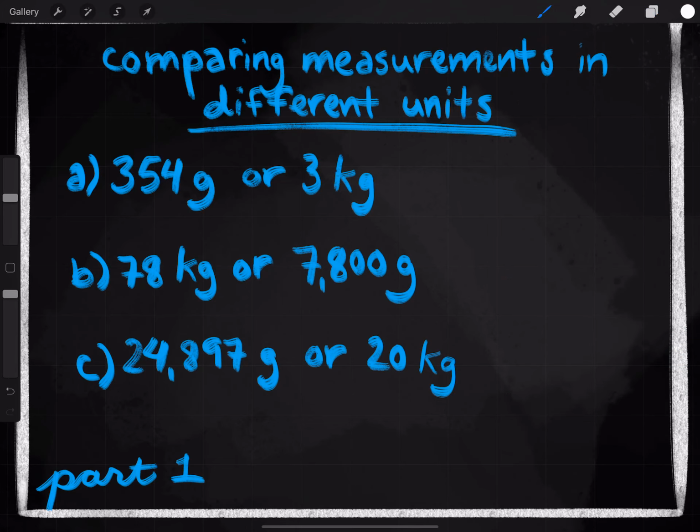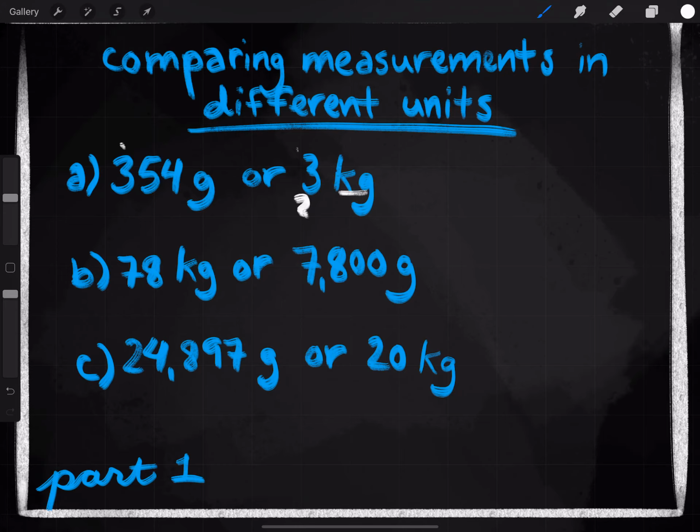Okay, go ahead and try these. Decide which one is bigger. Is it, for part A, 354 grams or 3 kilograms? And so on. And hopefully you paused the video and gave it a try. So in order to compare, I'm going to convert these kilograms into grams.